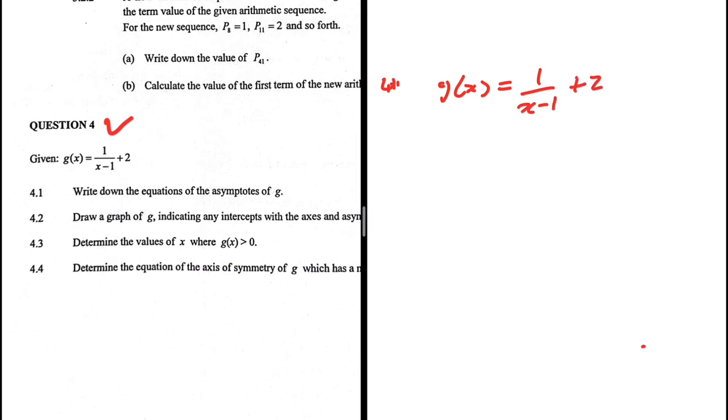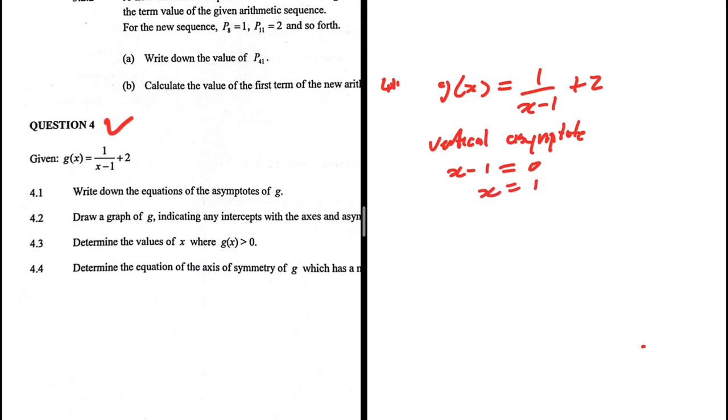So in order to find our asymptotes, let's start with the vertical asymptote. For the vertical asymptote, we need to equate the denominator to 0, because you cannot divide by 0. So that value of x will be our asymptote. So x minus 1 is equal to 0. X is equal to 1.